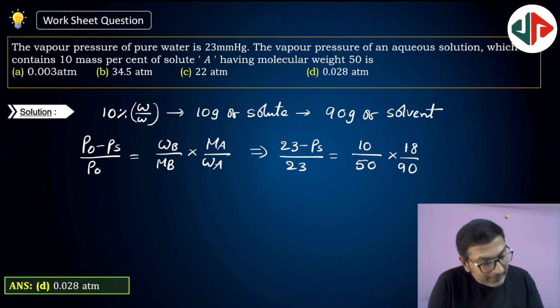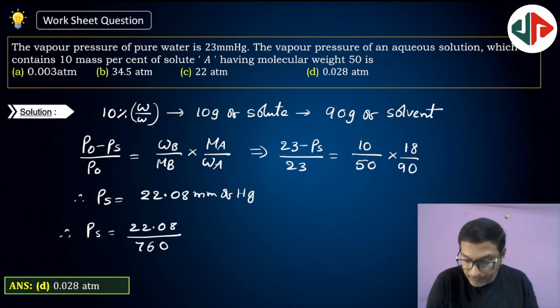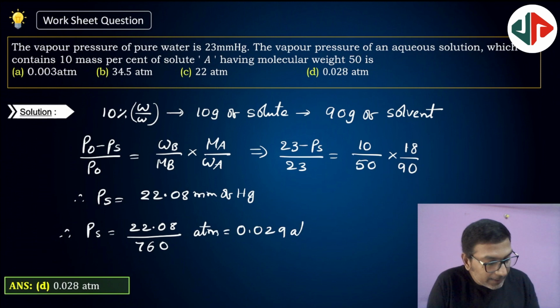So from this we'll get Ps value as 22.08 mm. Therefore, Ps in atmospheres is equal to 22.08 by 760 atmospheres, which is equal to 0.029 atmospheres.